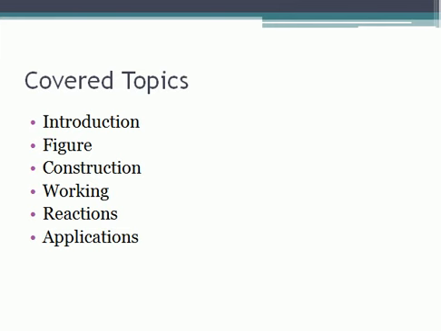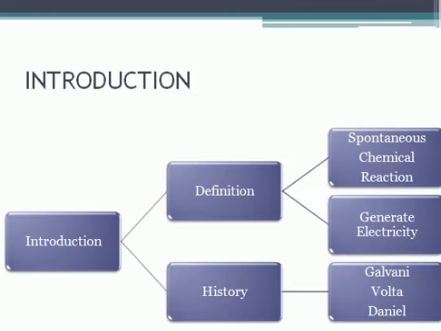This video will cover the following topics of galvanic cell: introduction, figure, construction, working, reactions and applications. Let us move towards introduction. So, in introduction, we will go through the history of galvanic cell and the definition.